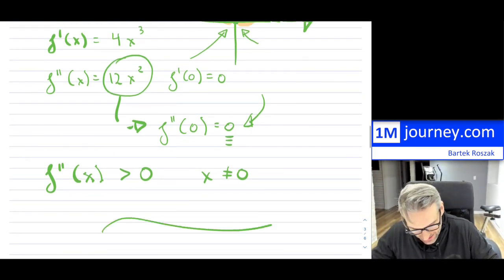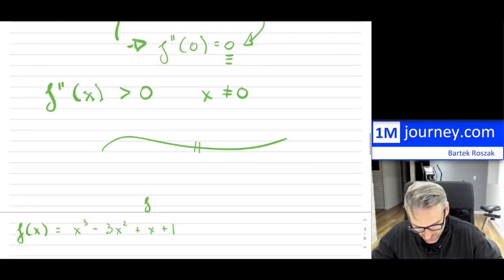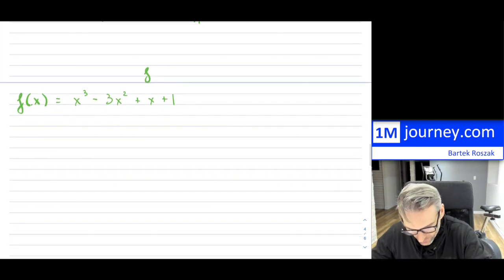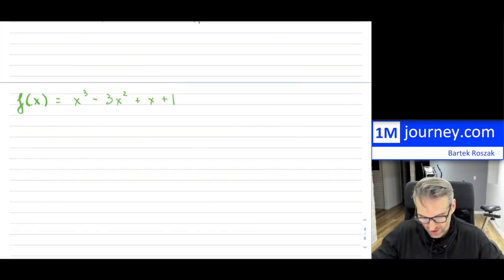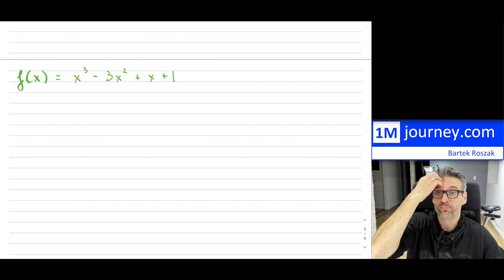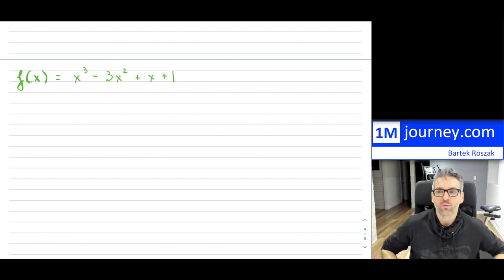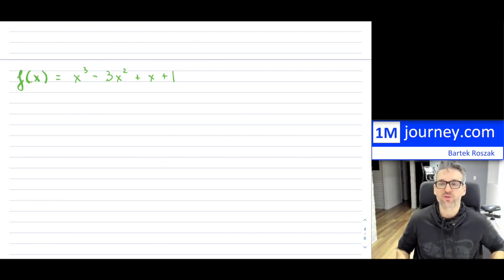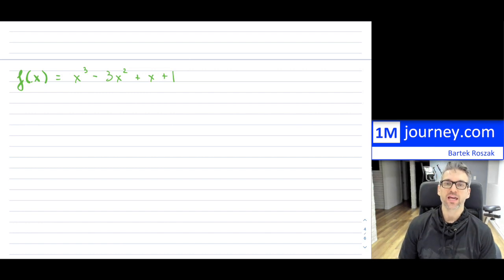Let's look at some actual examples to test this whole thing out. So here is your function. Let's say this is a polynomial. And by the way, when you're studying this, you probably at first will do this with polynomials. If you look at rational functions or even more complicated functions, it's actually difficult.